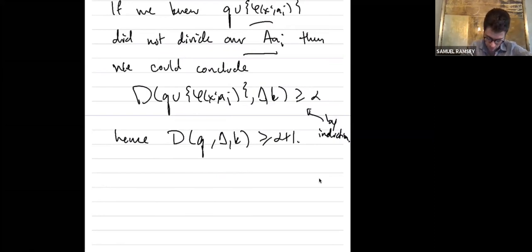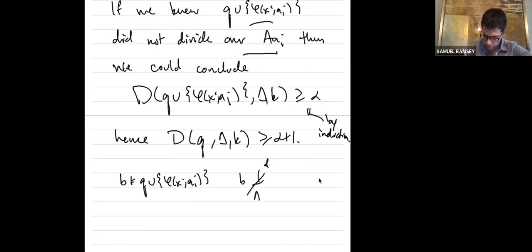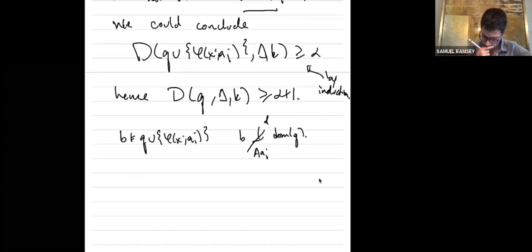So we'll take some B that realizes Q union phi(x, a_0), and our worry is that B somehow divides over a_0 with the domain of Q.